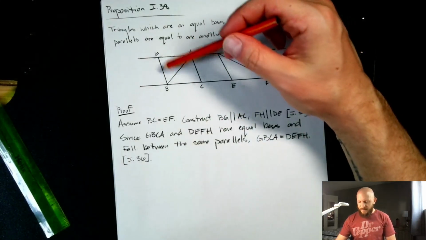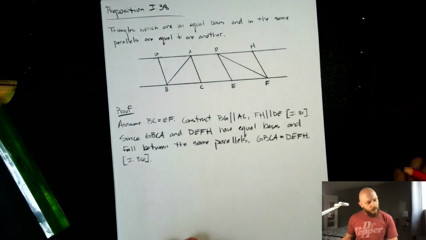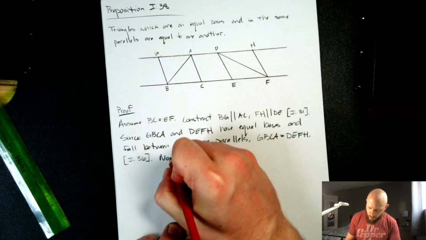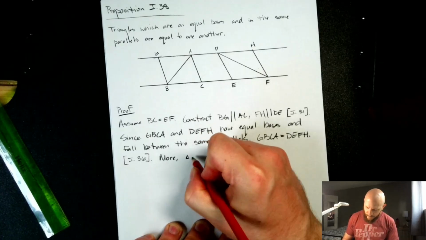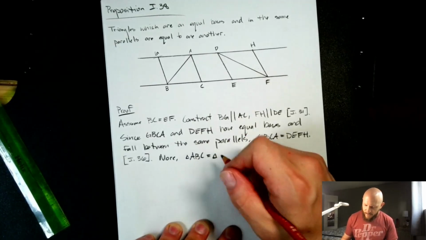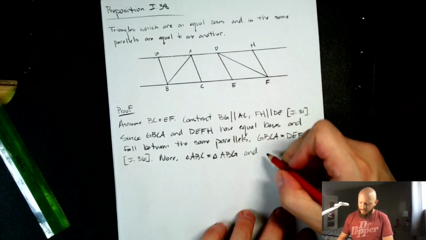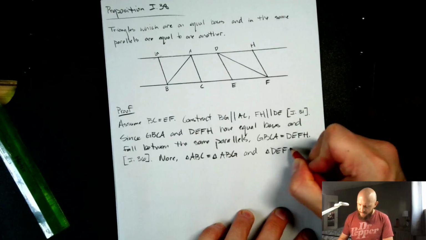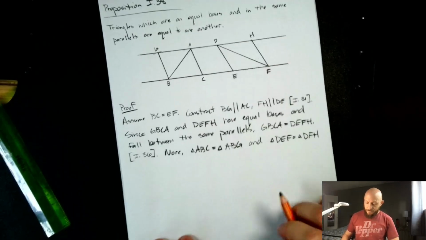But notice that in both of these, we have the diagonal that bisects them. So we have that triangle ABC is equal to triangle ABG, and maybe I'll do this all in one line, triangle DEF equals triangle DFH.